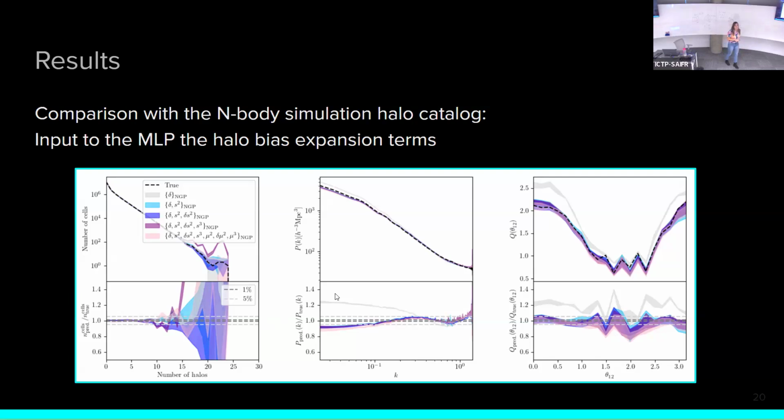What do you mean by the true curve? The true curve is the N-body thing, the halos from the N-body simulation. That's what I mean by true, it's my reference. I'm trying to reproduce with my mock catalog the distribution of halos from the N-body simulation. As I add these additional features, I could see some improvement in the power spectrum by adding, for instance, this term.